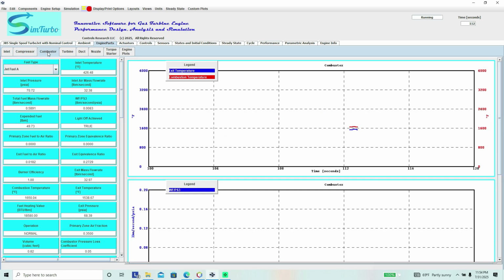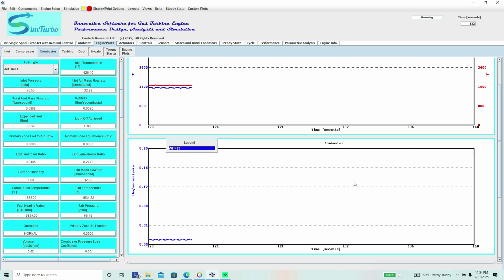On the combustor, we can see the combustor temperature. We have the combustion temperature and also the exit temperature of the combustor in blue. Down here we show the corrected fuel rate, fuel flow over exit static pressure.